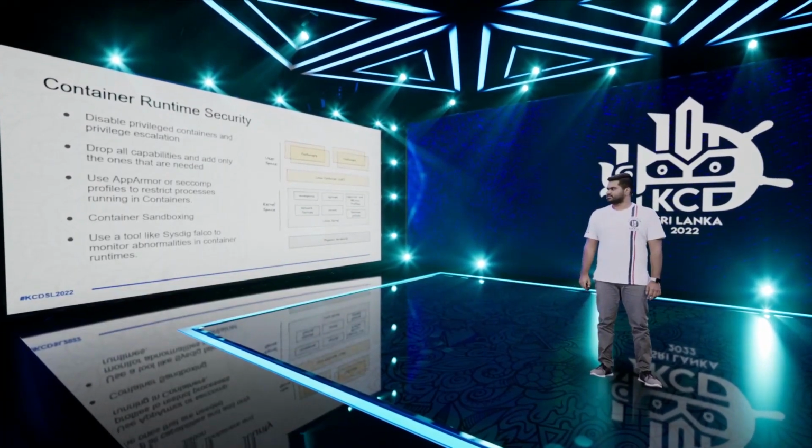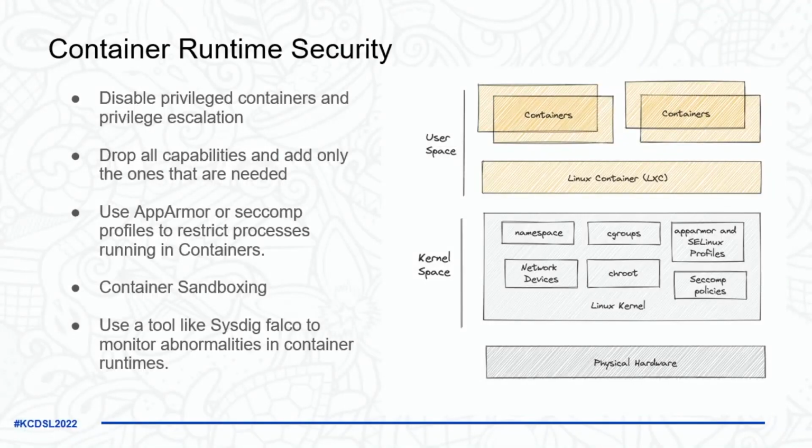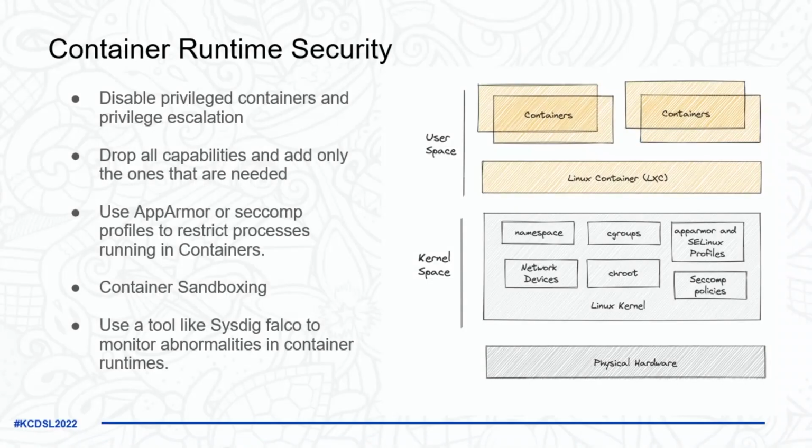Then comes runtime security. Doing all of that is sometimes not enough, and you need more. So let's look at how containers work and what this runtime security means, right? As you can see, in a VM, a container is running on top of LXC, and then we have the Linux kernel below.